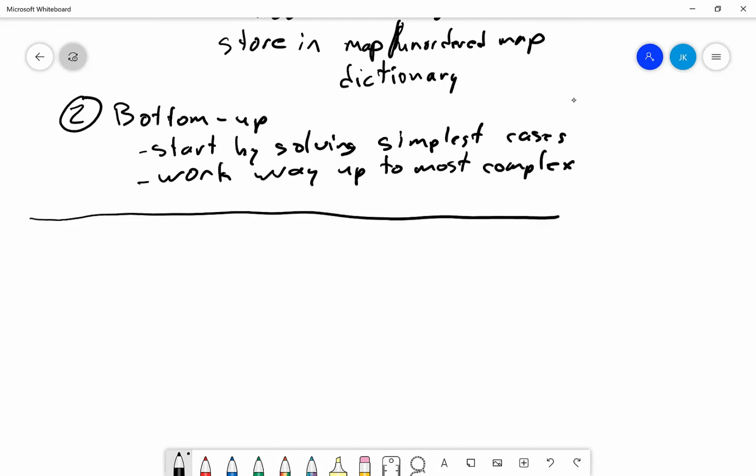So generally, if you have something that's top down, these are going to be benefits, it is the easiest one if you already have a recursive solution.